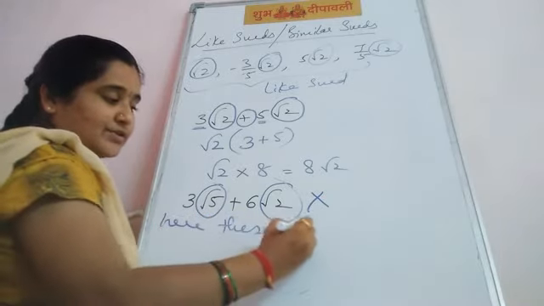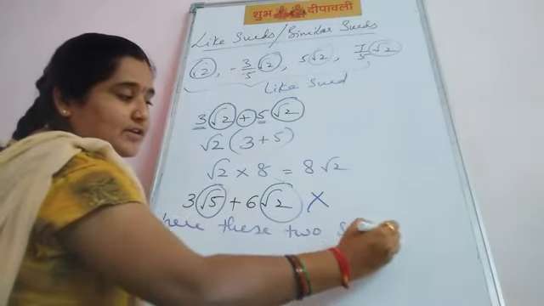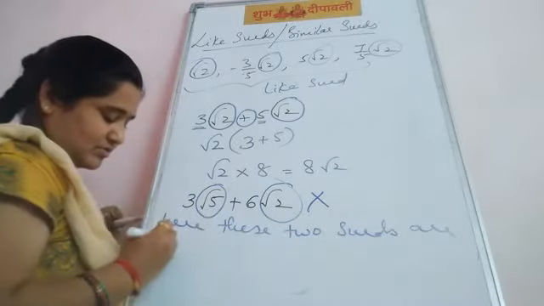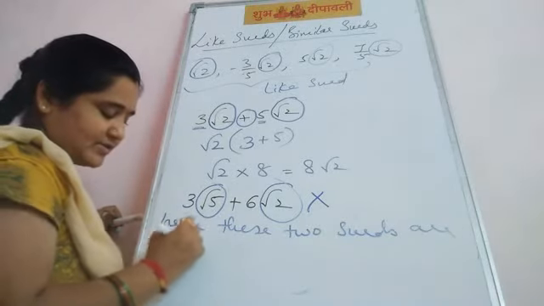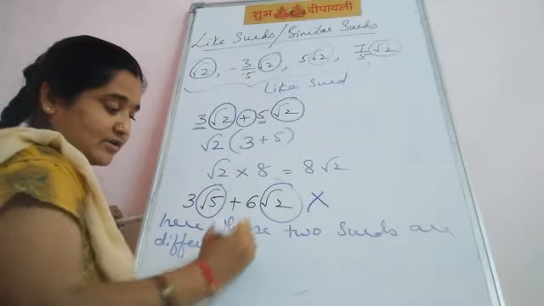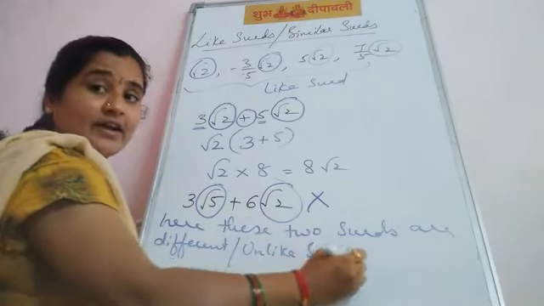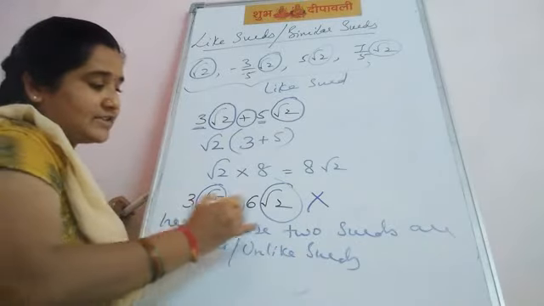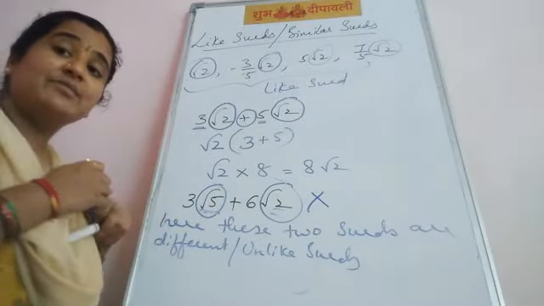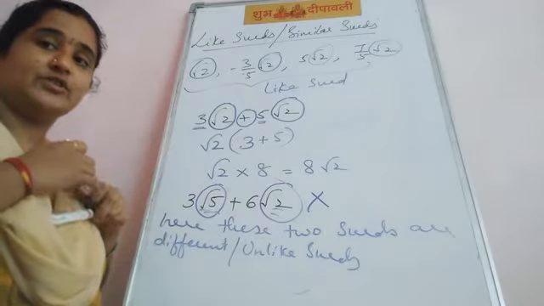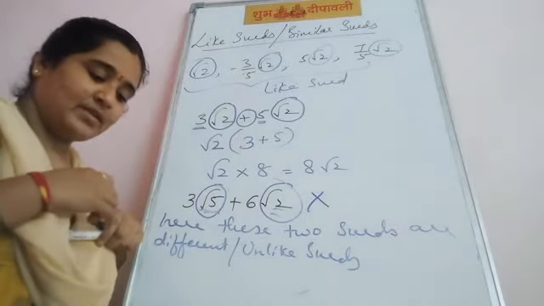These two surds are different, nothing but unlike surds. Unlike means what? Here our surd is different. Like means what? It compulsorily should be the same.